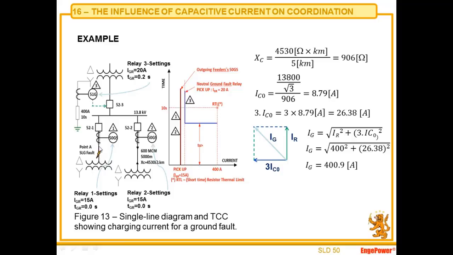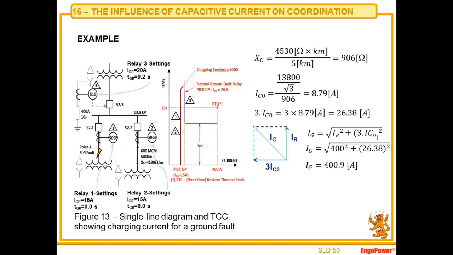When a ground fault happened here, due to the resistor, the voltage in the unfaulted phases will grow up about square root of 3. So when the voltage grows up, a charging current 3IC0 appears here due to the capacitance of the cable.